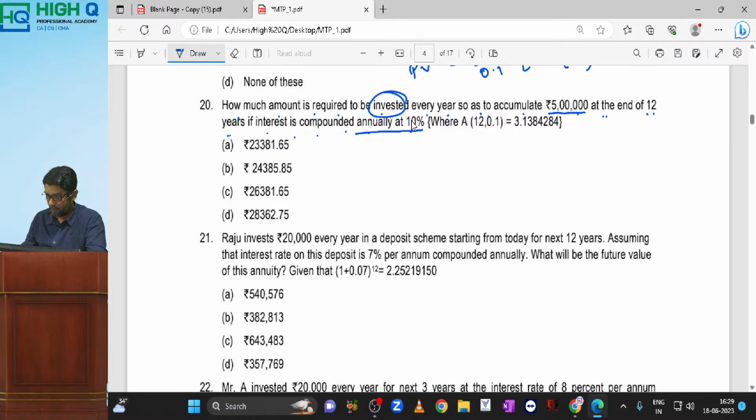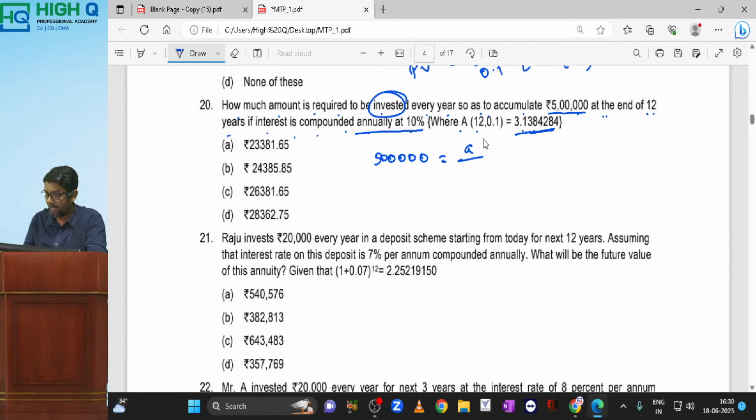Okay, now listen here. So, what is given? Amount A, 12, 0.1 is 3.13842884. Yes. Thank you, Niranjani. So the value is given here. If you want to use the actual formula, what is the actual formula? 5 lakhs is equal to A by I. That's what I need to find out.